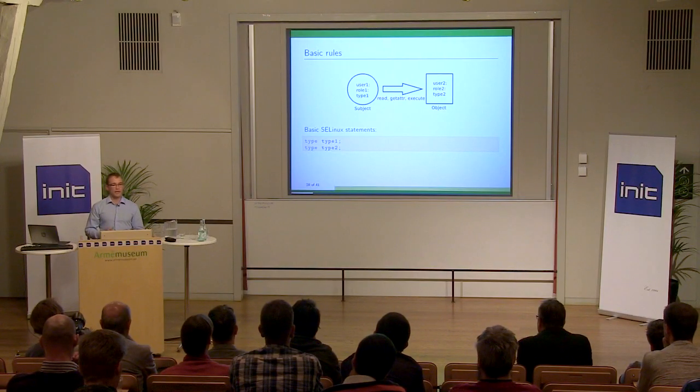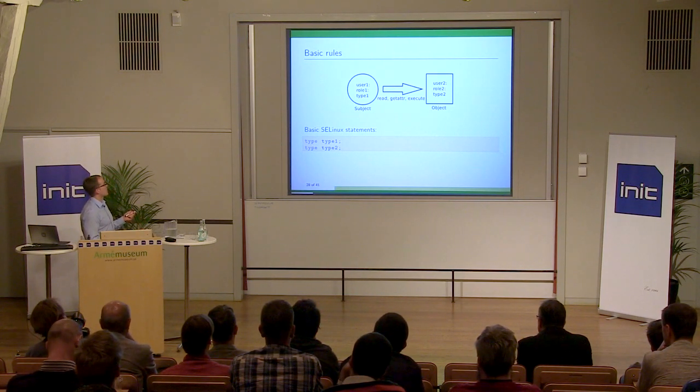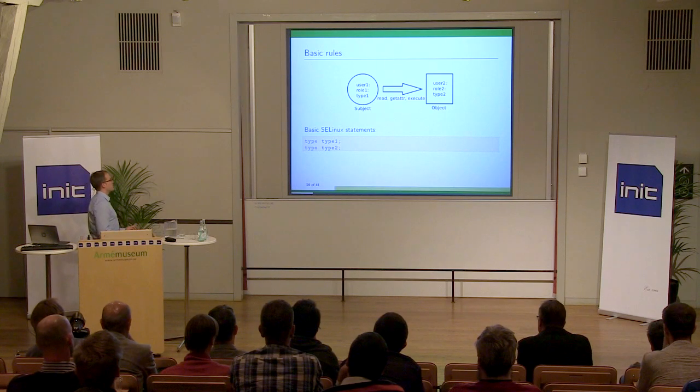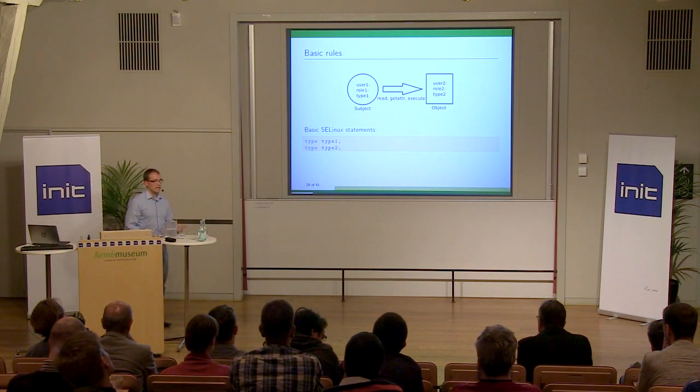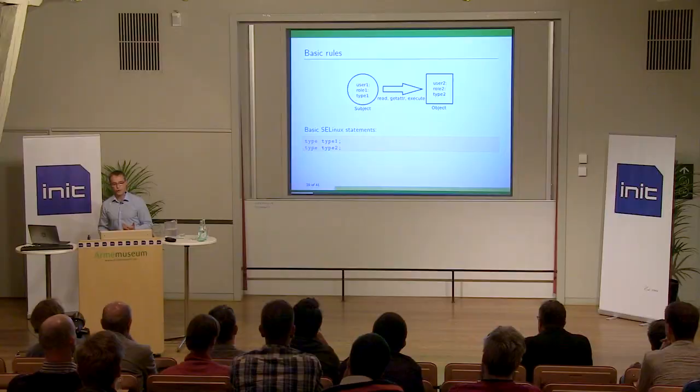So how would you write a policy that allows the access that is displayed here? You can use basic SELinux statements, and then you would just use the keyword type and declare type 1 and type 2.